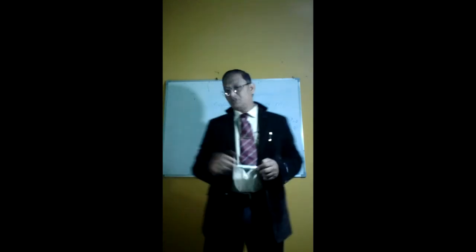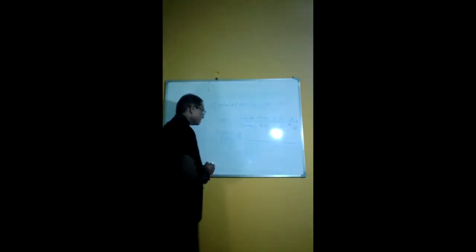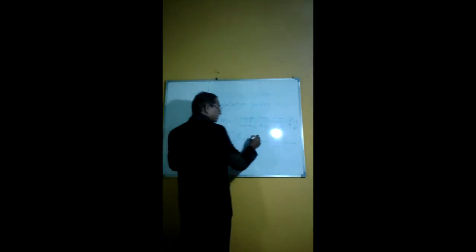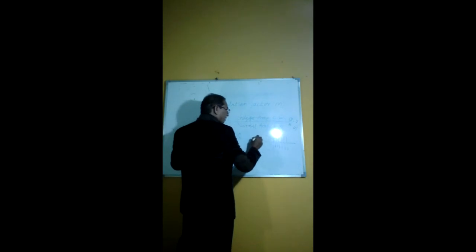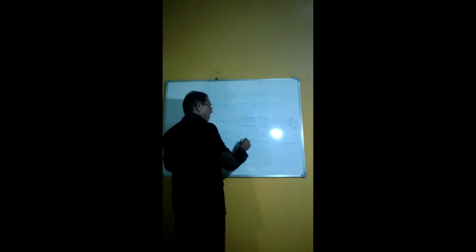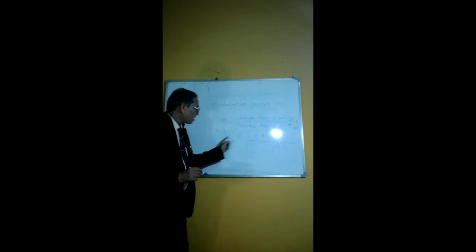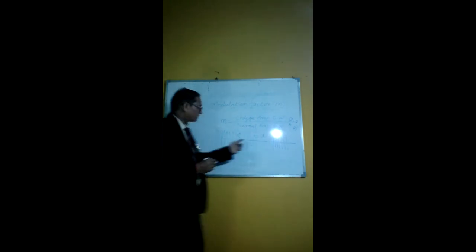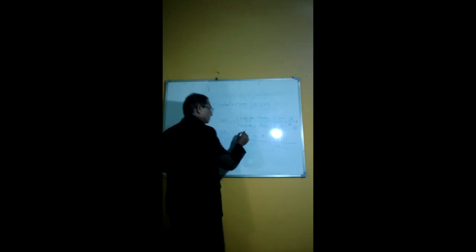Now we shall see what happens if we take the signal amplitude to be 0.5 times the amplitude of the carrier wave. This is the amplitude of the carrier wave and this is the amplitude of the signal wave, represented by Es.